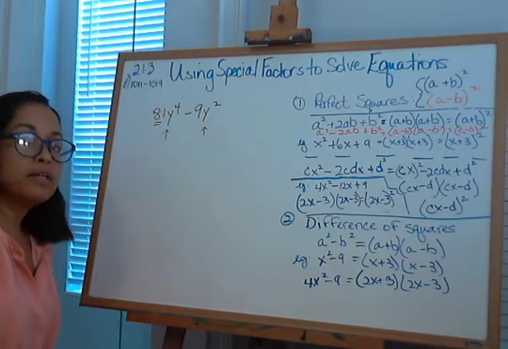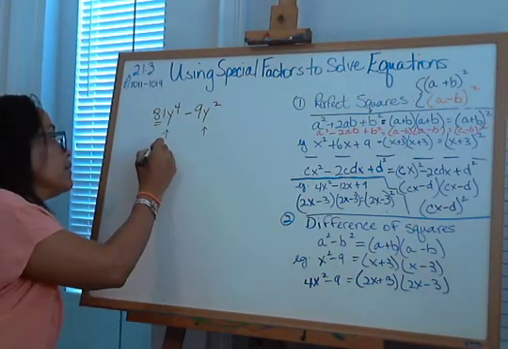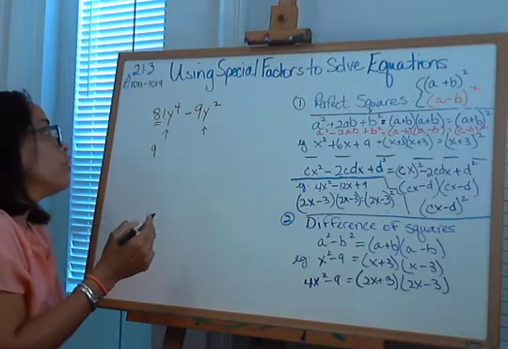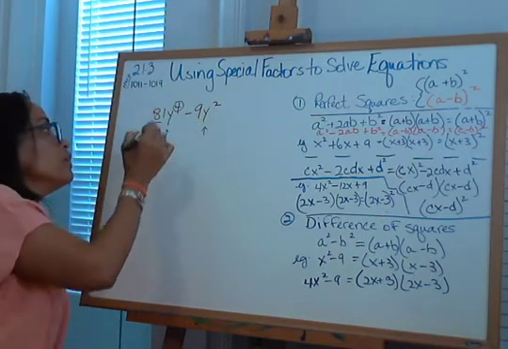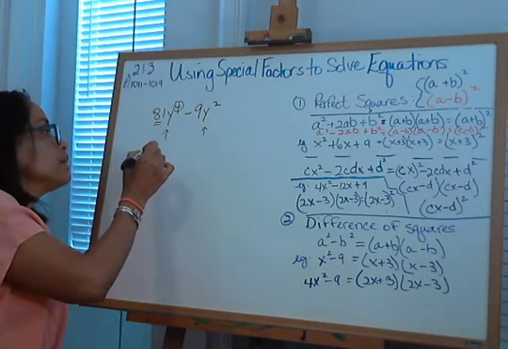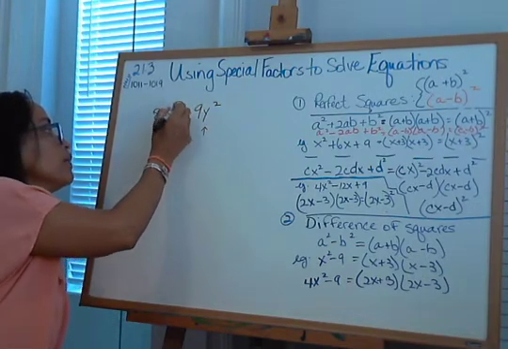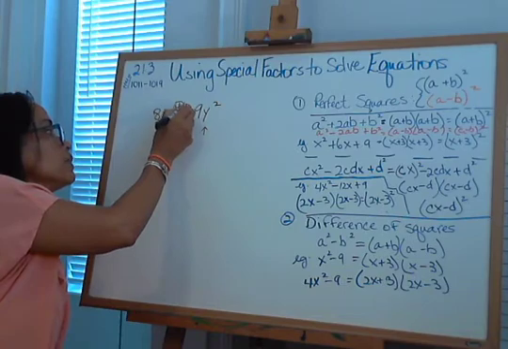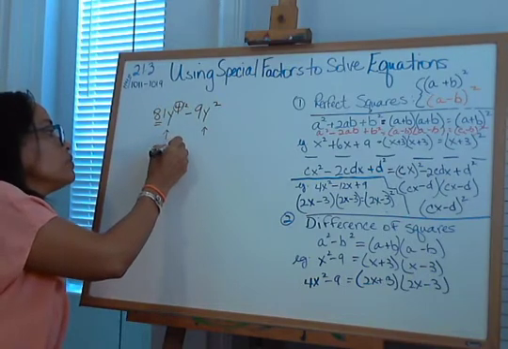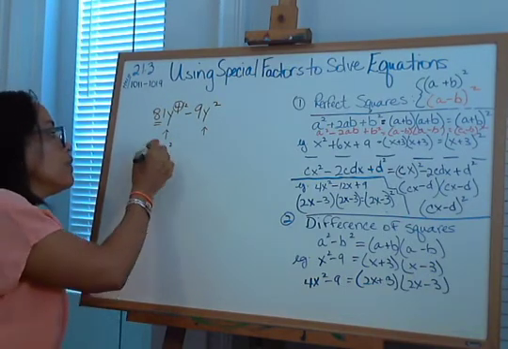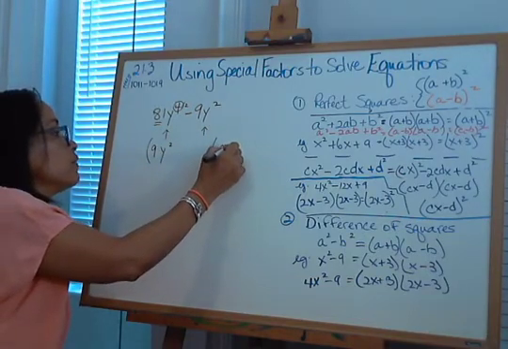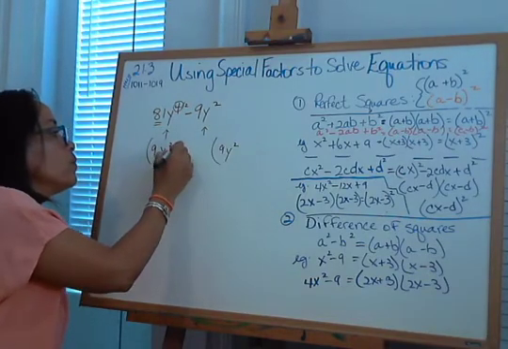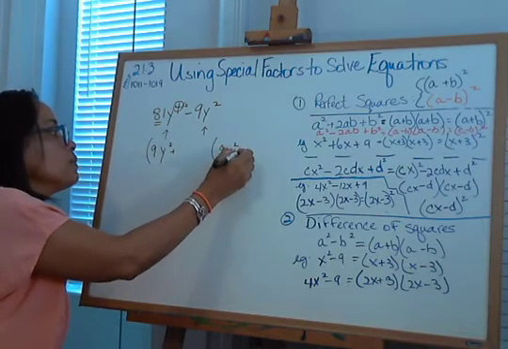Is it any number times itself? Yes, it's 9. What about y to the 4th? To get the square root, I divide the exponent by 2. So 4 divided by 2, that's y squared. So that's my first term, 9y squared. One's going to be plus, one's going to be minus.